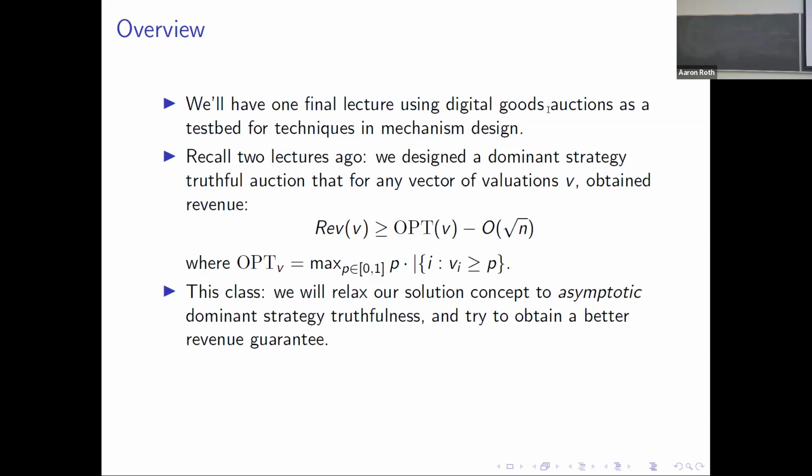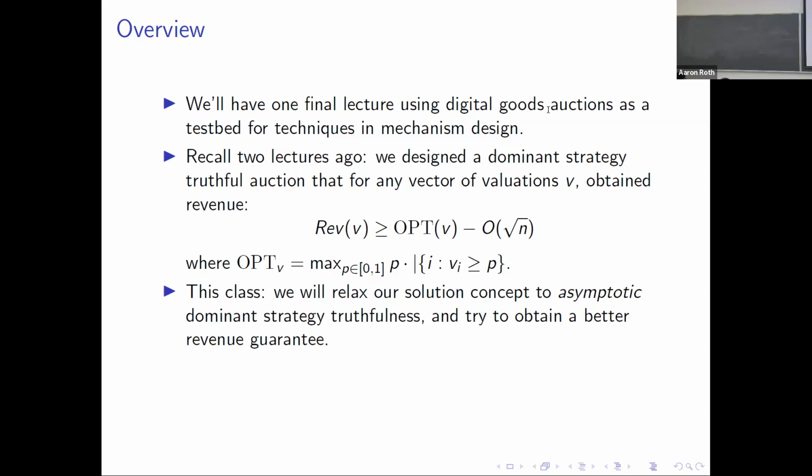So far, we've been asking for dominant strategy truthfulness in every auction we design, which means that, no matter what your value is, no matter what everyone else bids, you cannot gain by even a little tiny bit by trying to be strategic and misreporting your bid. Okay, which is pretty good.